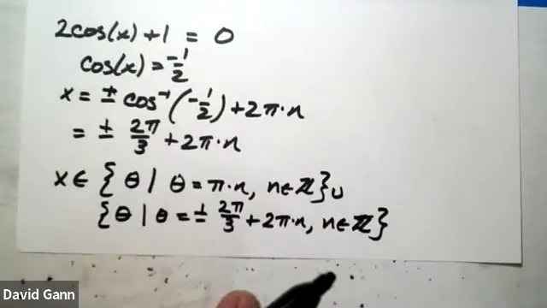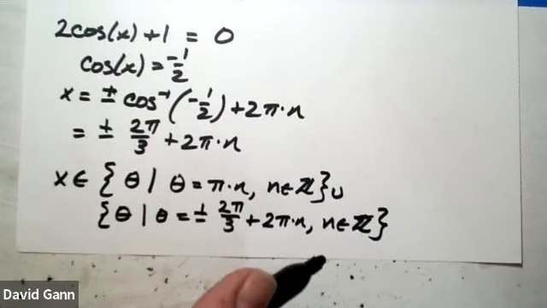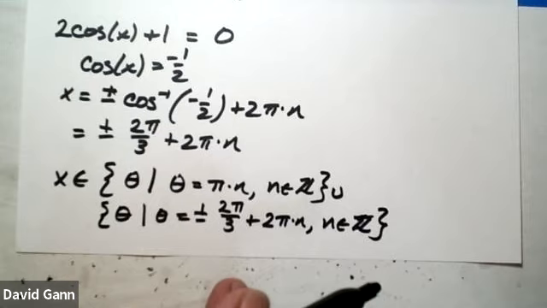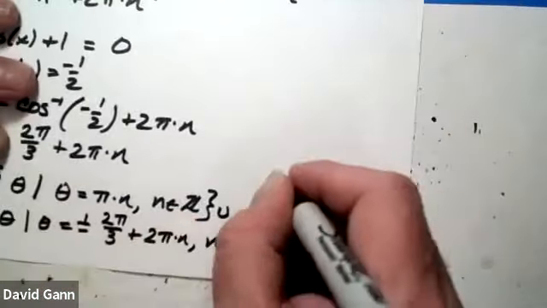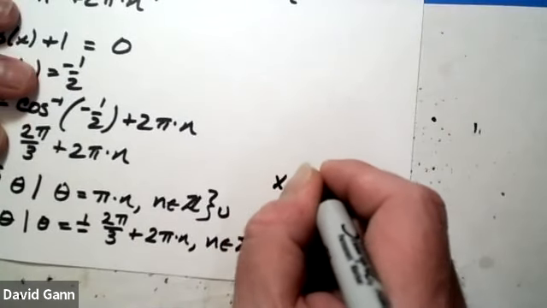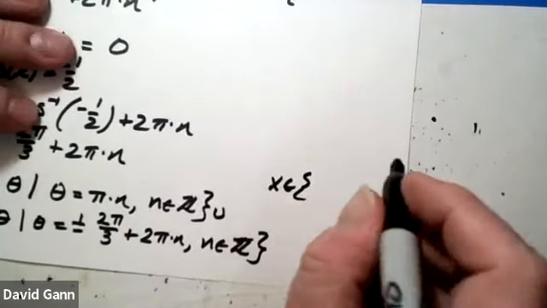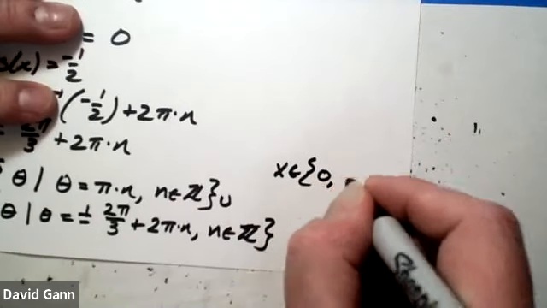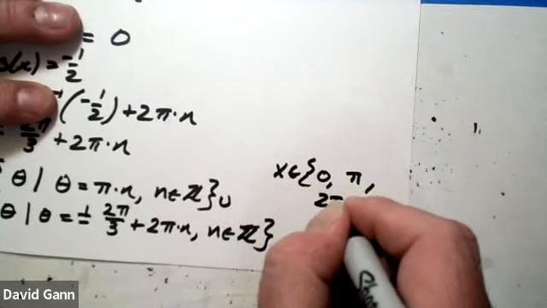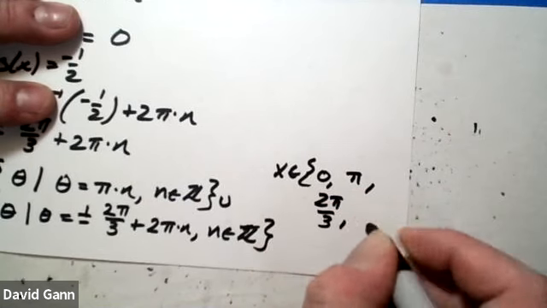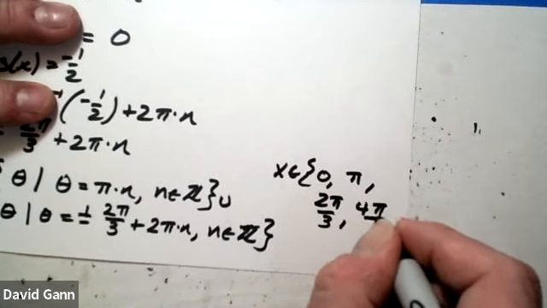this one, which is why I don't really favor these kinds of things, because really what I'd like to know is that people know what values are in there. So I'll do it over here to the side. x is going to be one of the elements in the set 0, pi, 2 pi over 3, and then 4 pi over 3.